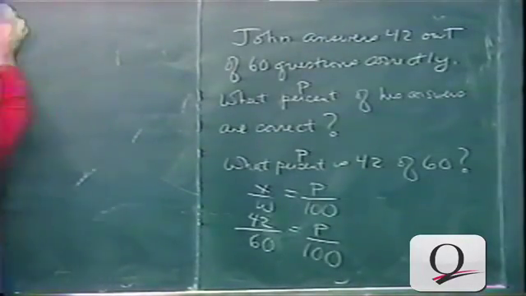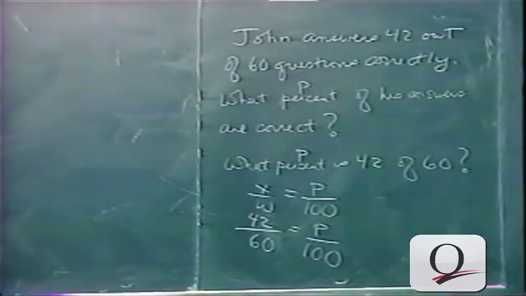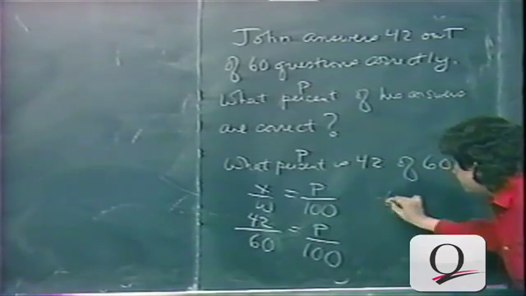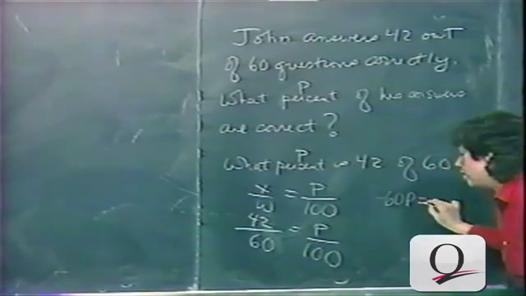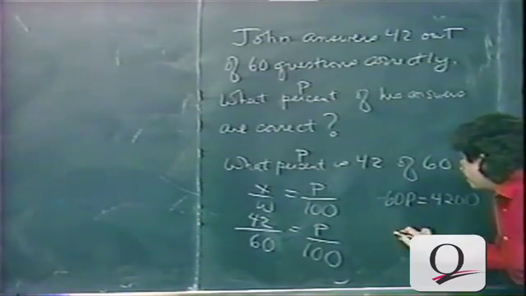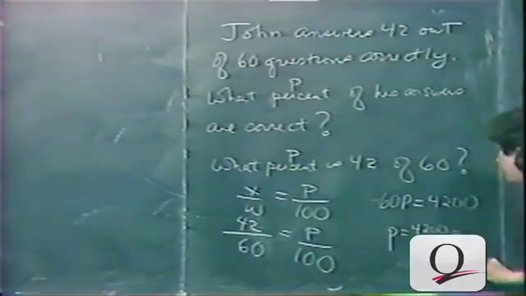Now we have to solve that. We can do this right over here. We cross multiply. 60 times P is 4,200. So P is going to be 4,200 over 60.